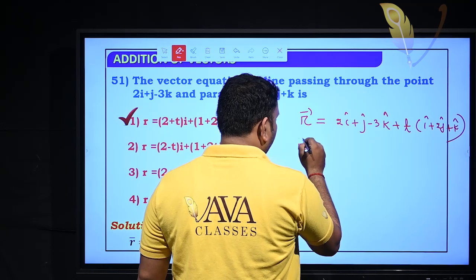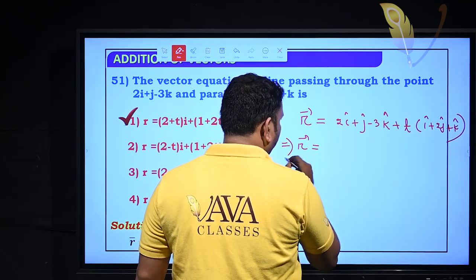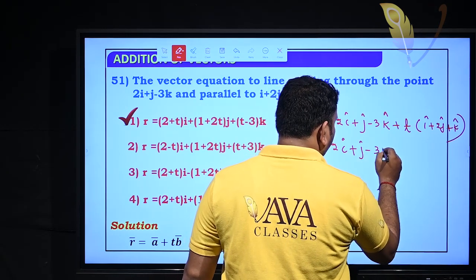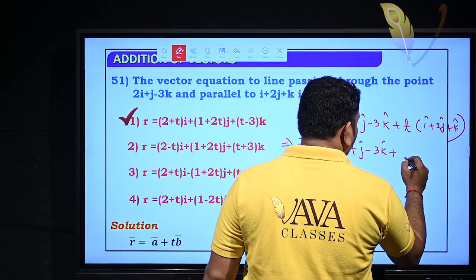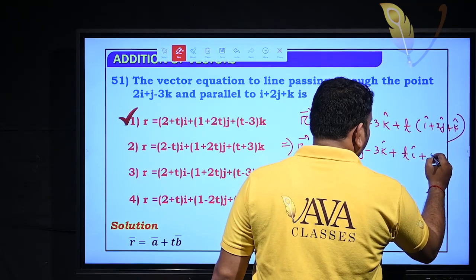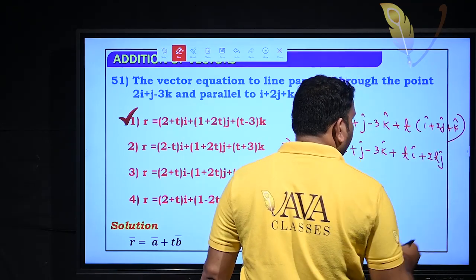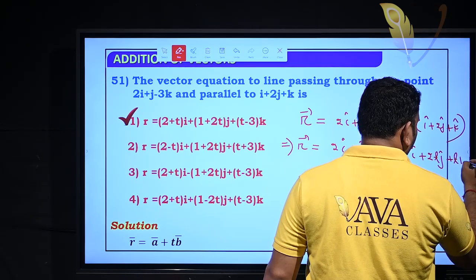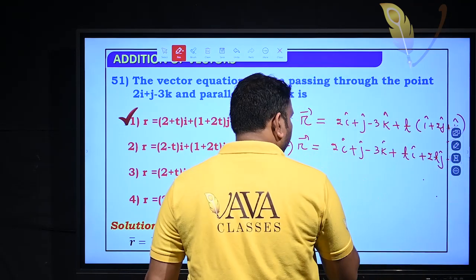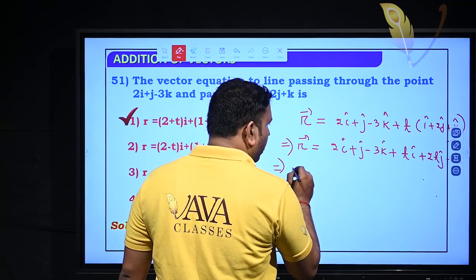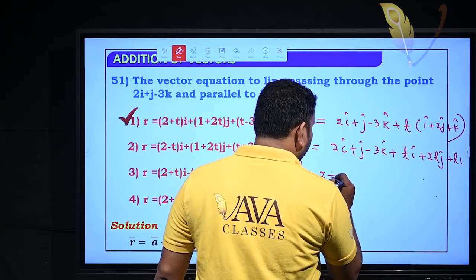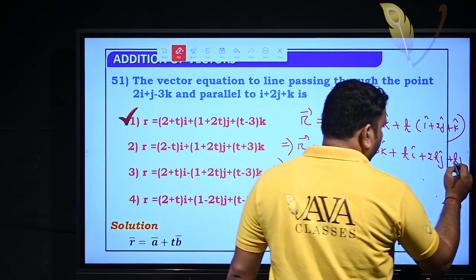So R equal to 2i cap plus j cap minus 3k cap plus T i cap plus 2T j cap plus T k cap. Okay. So R vector equal to (2 plus T) i cap and so on, this is k cap. Okay.